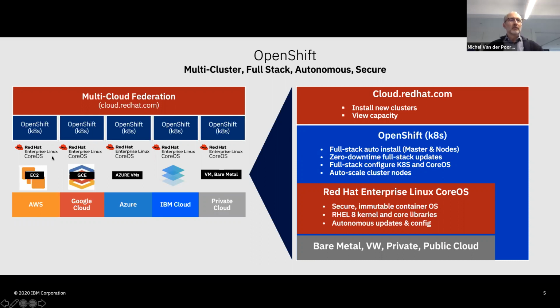If you run Red Hat Enterprise Linux, with on top of it OpenShift, you can really be sure that whatever runs underneath is completely independent of your software, which you will be running on top of it.